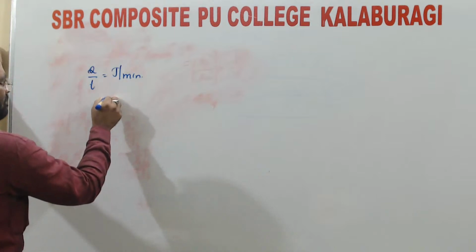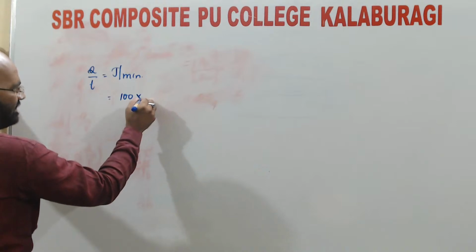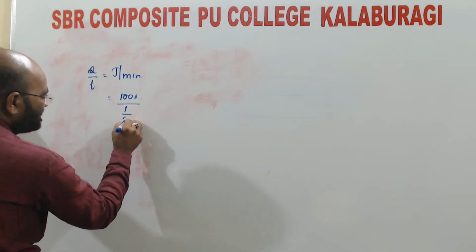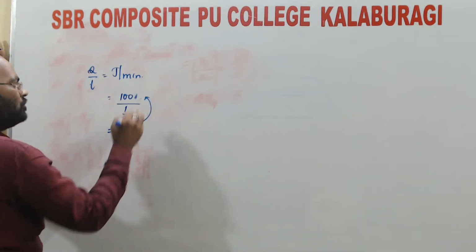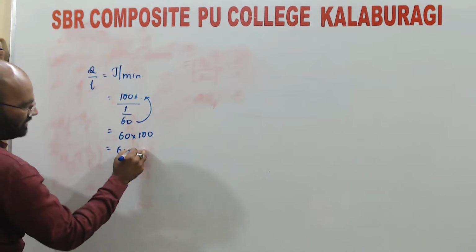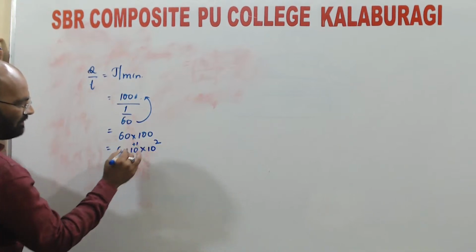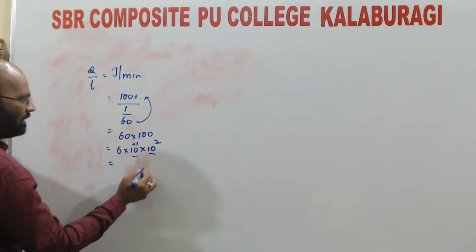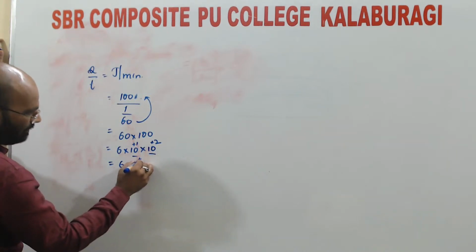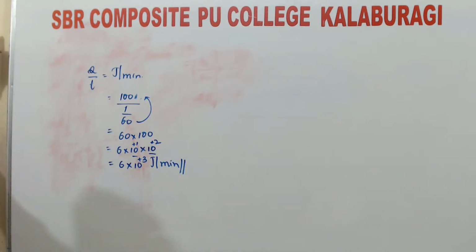The answer we got is 100, and the time is per minute, so dividing by 1 by 60 means the 60 goes to the numerator. 60 into 100 is 6 into 10 square, and adding the powers gives 10 to the power of plus 3 joules per minute. This is the required answer. Hope you get the condition clear.